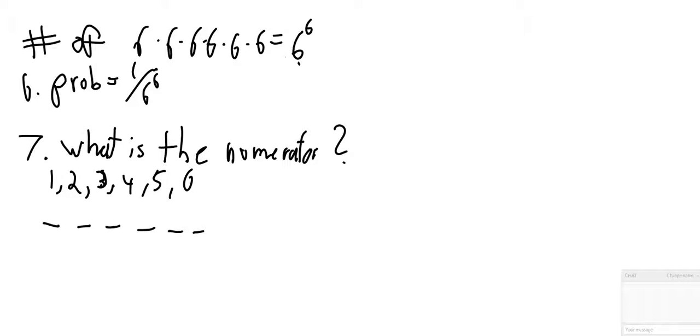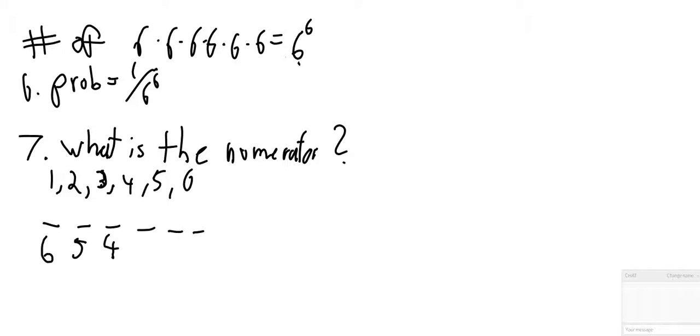The first one would be 6 out of 6 because it could be any of the numbers. That's right. The second one will be 5 out of 6? Yes. And the third one would also be 5 out of 6? No, the next one would be 4.